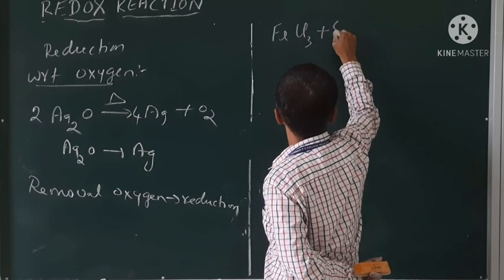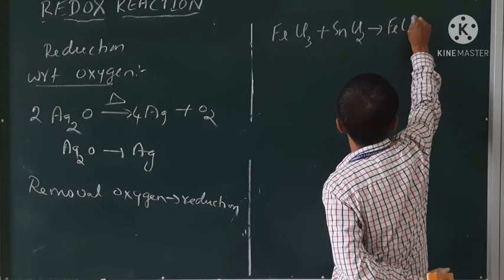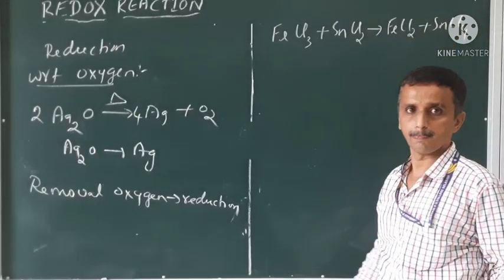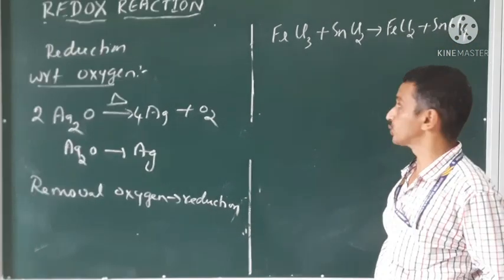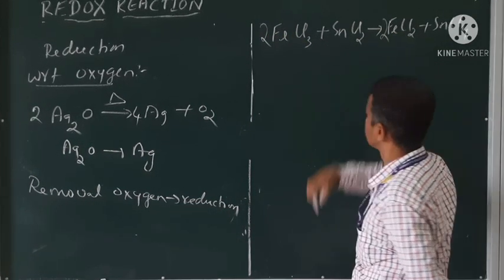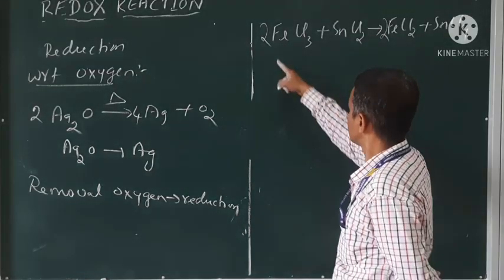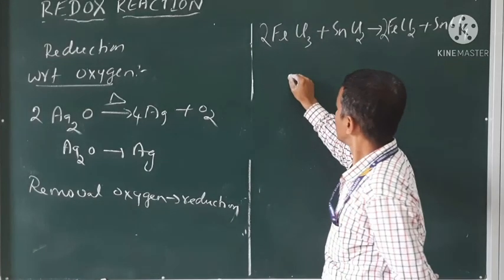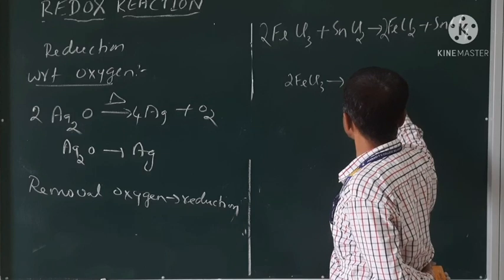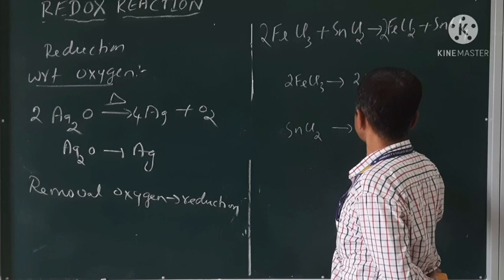Take this example. FeCl3 plus SnCl2 gives FeCl2 plus SnCl4. Actually, it's a redox reaction also. So if you do the balancing, it is 2FeCl3 giving 2FeCl2, and SnCl2 giving SnCl4.